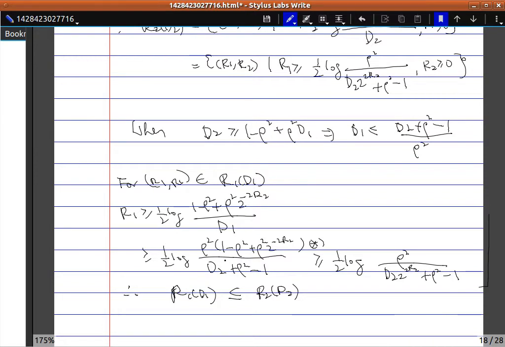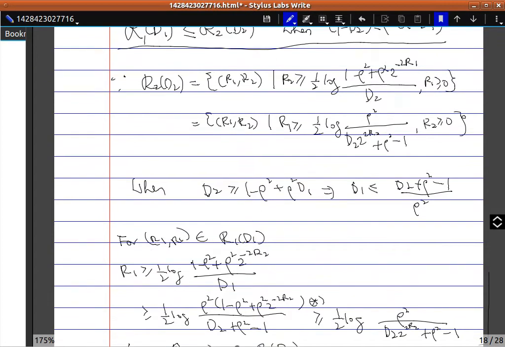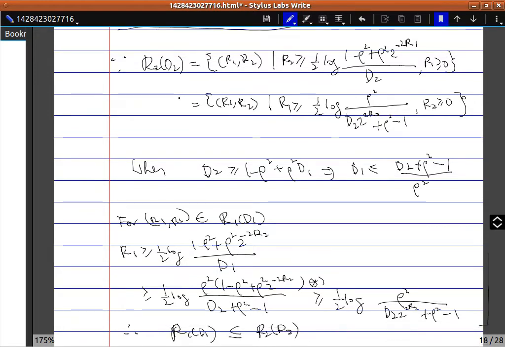We can substitute this. Now we have a bigger term here in the denominator, so therefore this term will be smaller. And we can show that this is bigger than or equal to that, and this is actually the condition for a rate pair to be in the region R2 D2, right? As long as R1 is bigger than or equal to this term here.